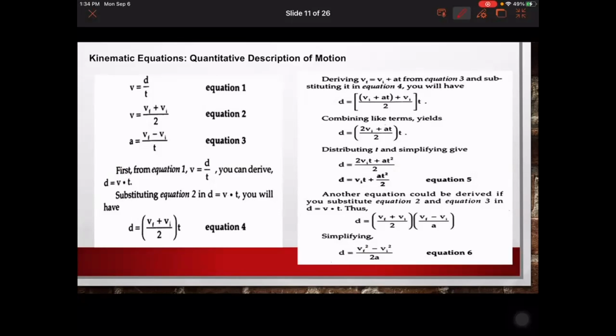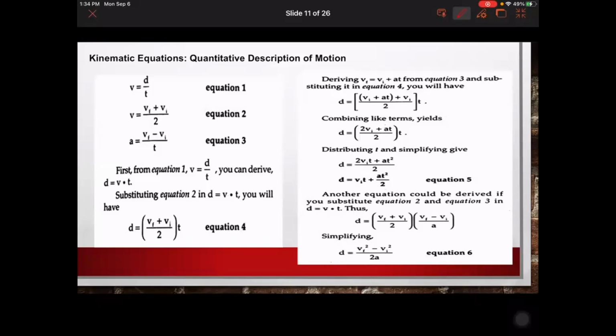Then, for your V, meron tayong V sub F plus V sub I over 2 to get for the velocity. You can also have D over T as yung first equation. So, the third equation that we'll have is the acceleration, which is the final velocity minus the initial velocity over the time. Then, we can also manipulate the formula and be able to use D is equal to V times T. Now, in deriving, magkakaroon tayo ng another formula here.